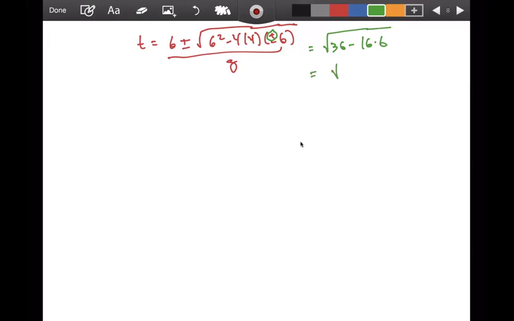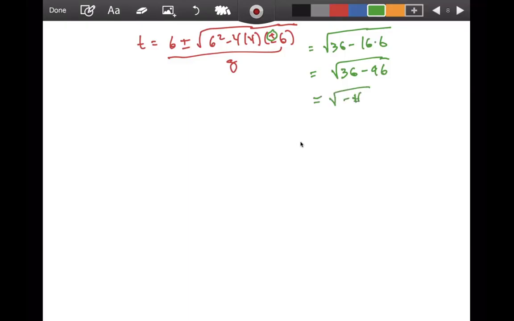That is the square root of 36 minus something which is bigger than that. So it's 36 minus 96, right? In this case, this entire term would be negative, so I'm going to have the square root of a negative number.